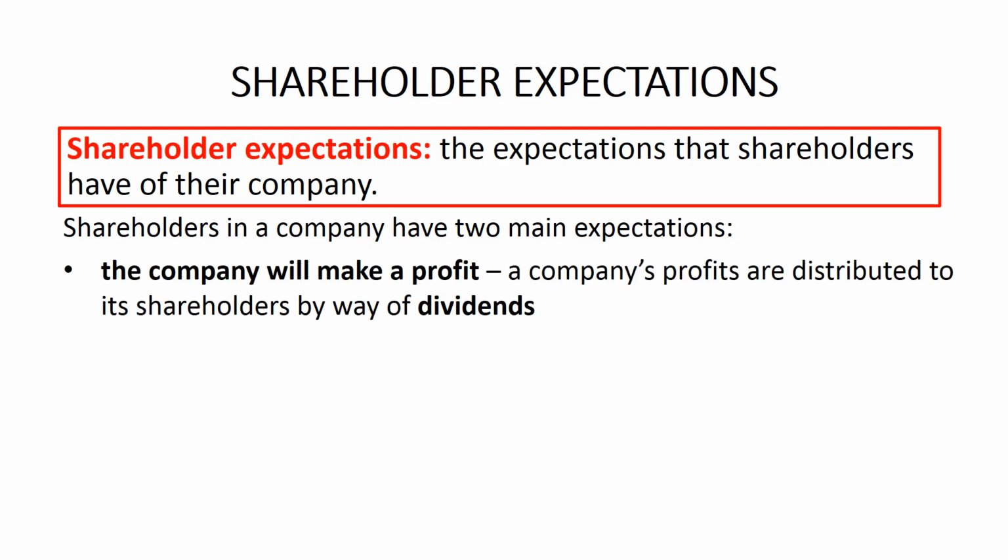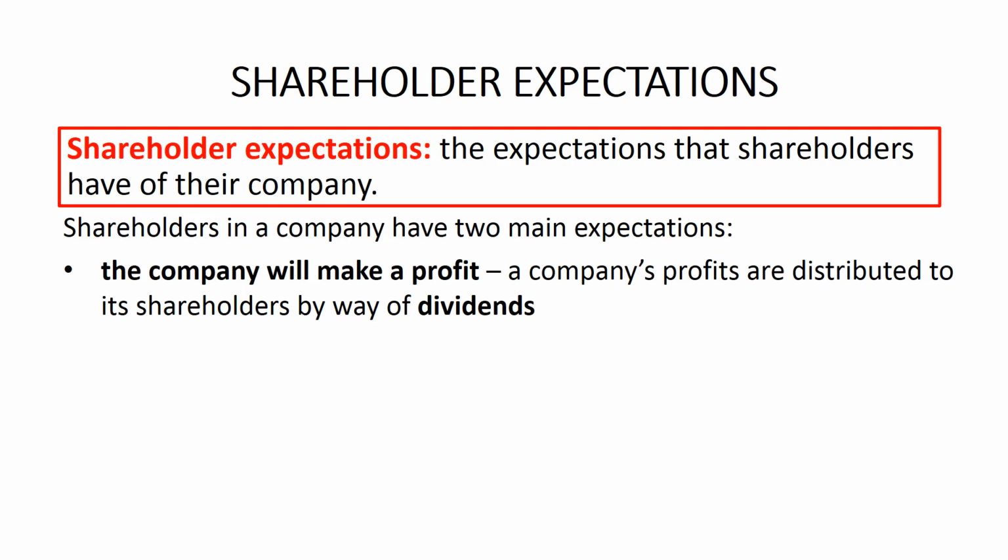The first expectation is that the company will make a profit. It's only if the company makes a profit that the company will be able to pay a dividend to its shareholders. This is because a dividend is a distribution of a company's profits to its shareholders. If the company doesn't make a profit, it can't pay any dividend.